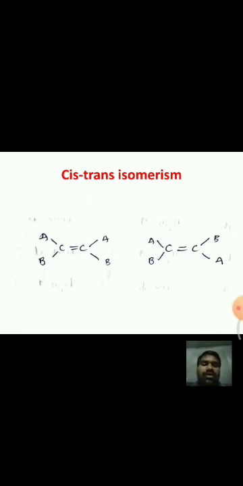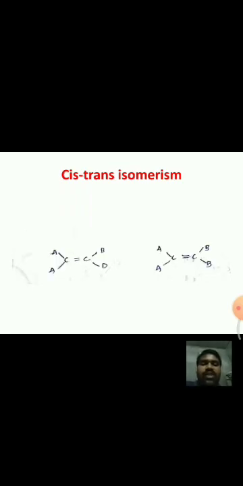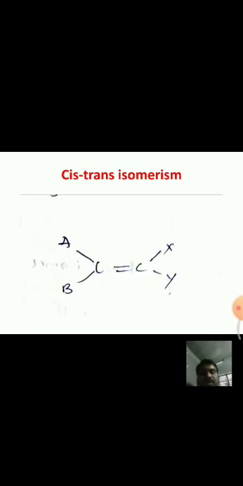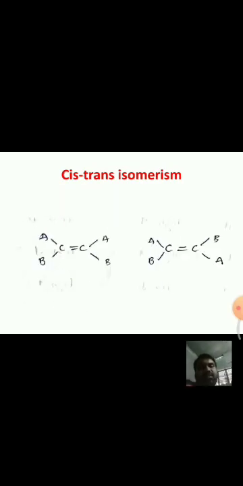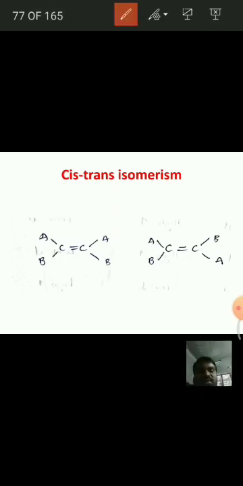Coming to these types of molecules, they show cis-trans isomerism. These types of molecules also show cis-trans isomerism. Let's see this molecule. It shows cis-trans isomerism.